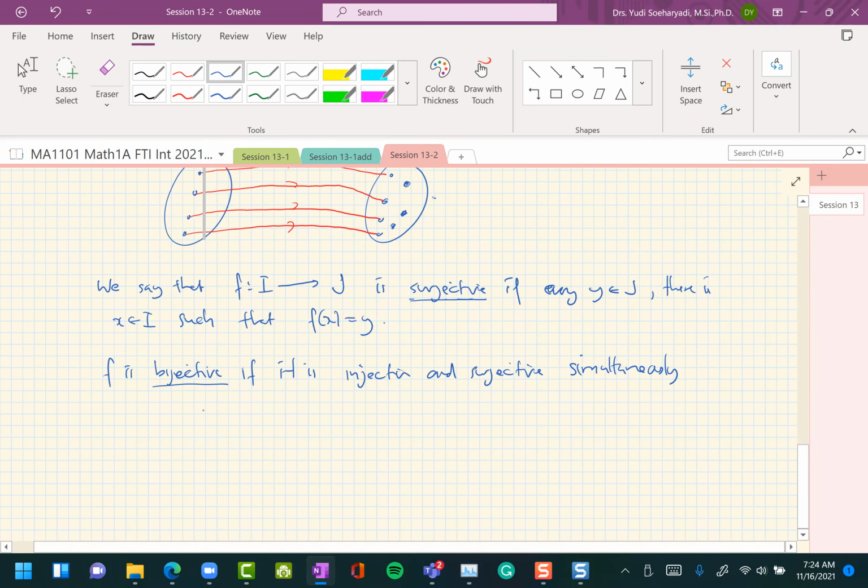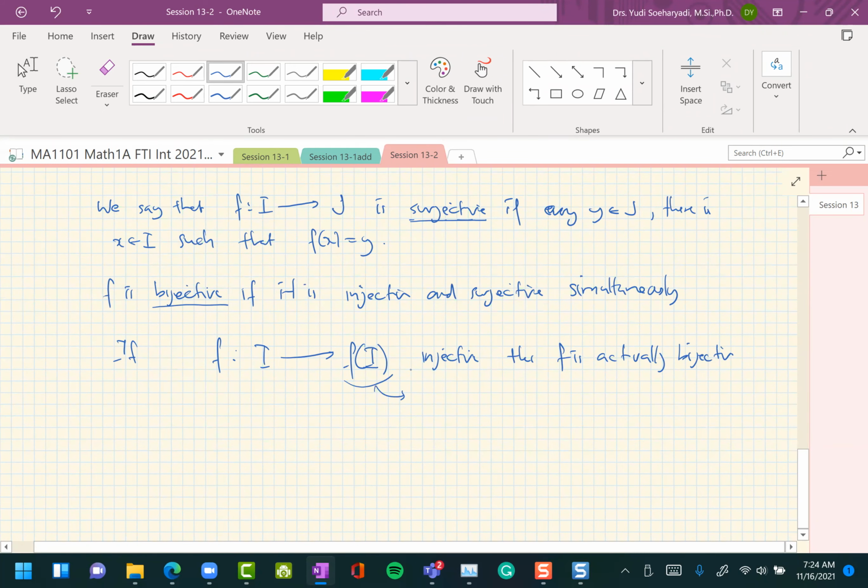All right. So what we know so far is that if you have something like this, you just restrict the codomain to the range. If this is injective, then f is actually bijective. So the codomain is restricted to the image.